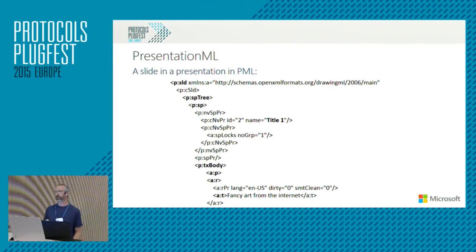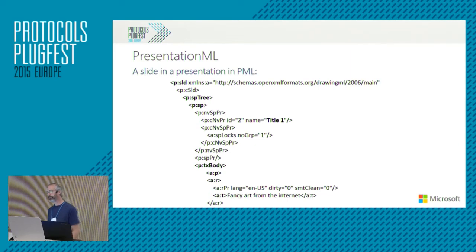Slide presentation. This is a slide XML. Slides are generally made up of shapes. So what you see here is the p:sp, that's a shape element. And then within the shape element you see a number of things, one of which is a text body. Within that is the a:, which is the tag for the drawing namespace.